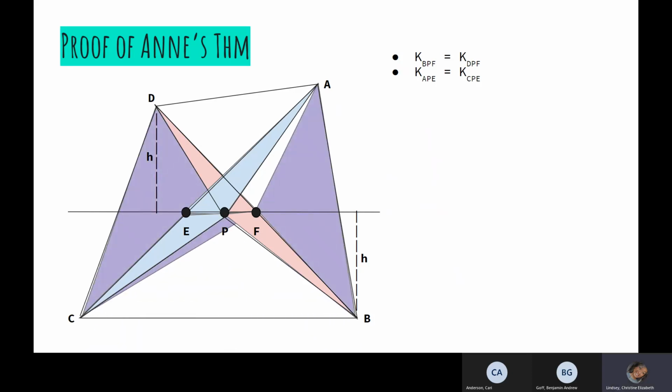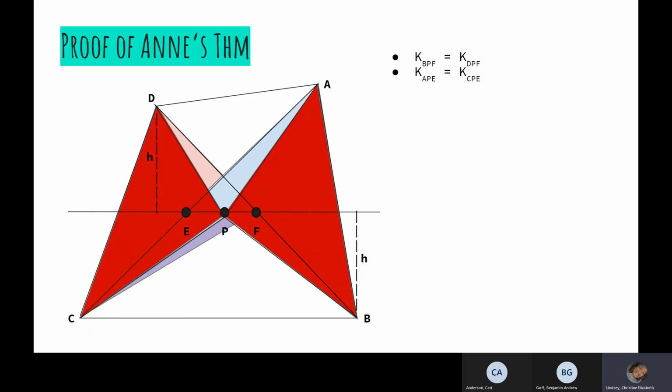Furthermore, we're going to see that the area of APB is equal to AFB plus the area of APF, as well as the area of DPC is going to be equal to area DFC minus the area of CPF minus the area of DPF. And we can see that represented here with these shaded triangles.